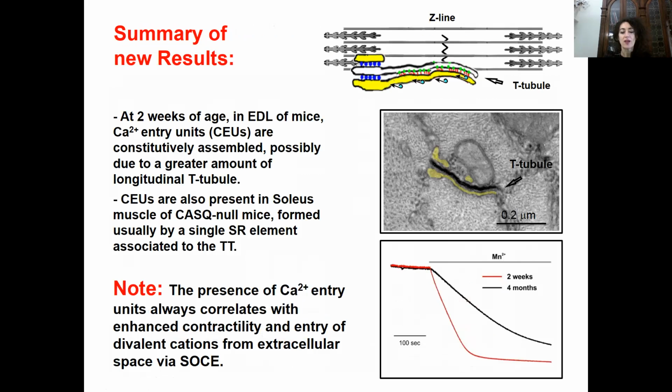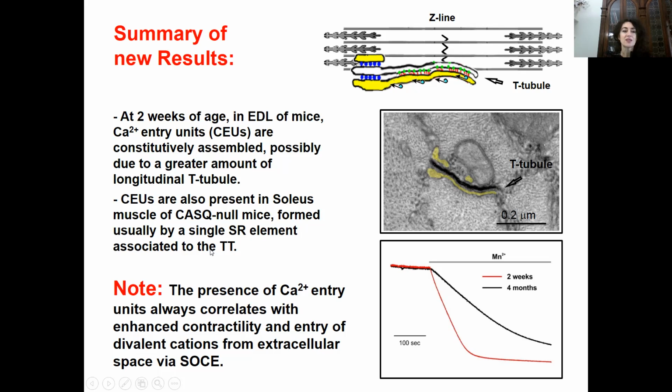In this slide, I summarize the findings of the most recent experiments. I showed you that at 2 weeks of age, calcium entry units are constitutively assembled, possibly due to a greater amount of longitudinal T-tubules. I showed you that calcium entry units are also present in soleus muscle, but they are usually formed by a single SR element associated to the T-tubule.